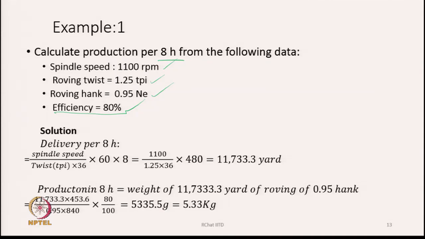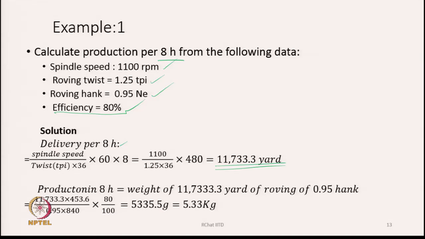So, if you look back at the equations that we have stated, for delivery for 8 hours, we first try to find out spindle speed by twist into 36, 16 into 8, this gives you a value this much. That means per 8 hours per spindle we are actually delivering 11,733 yards of roving.